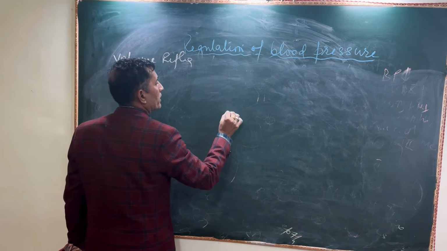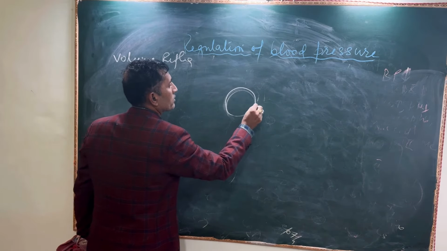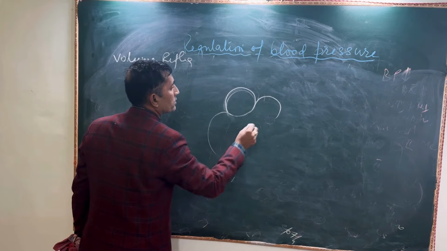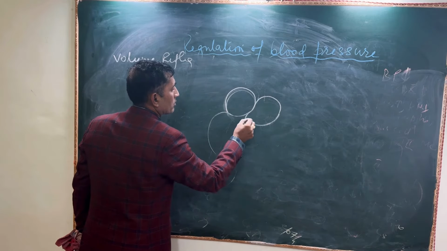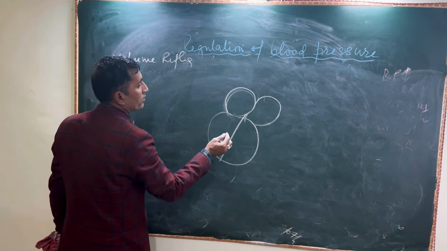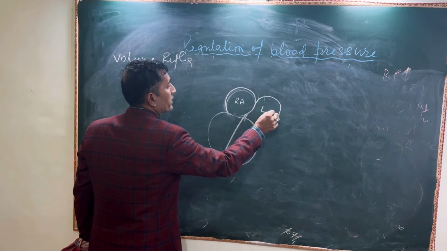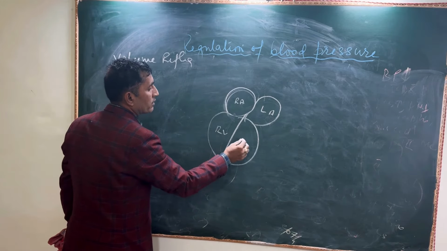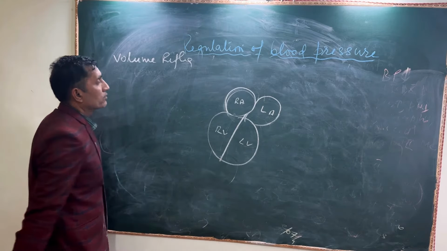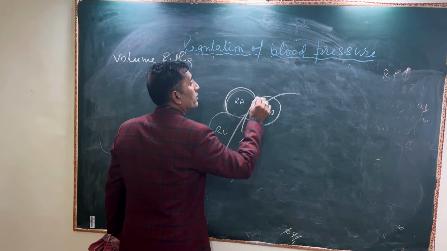In this, again, we have to draw the heart. This is the heart. Here is the right atrium, the left atrium, the right ventricle, and the left ventricle. We are talking about the volume reflex. Now what will happen?